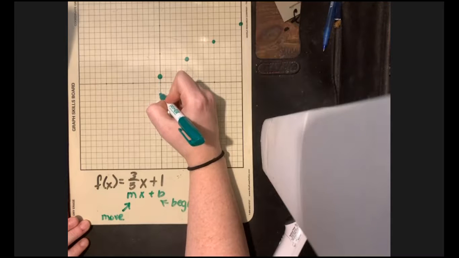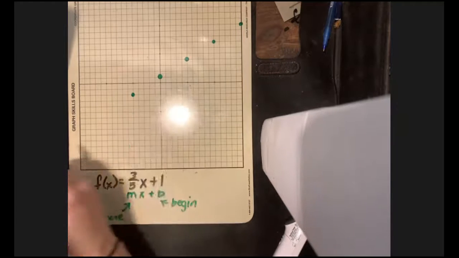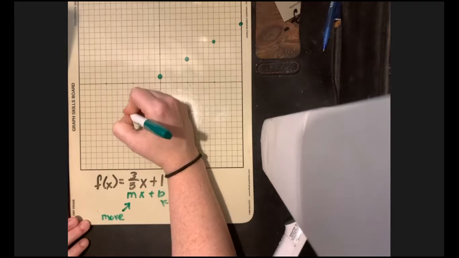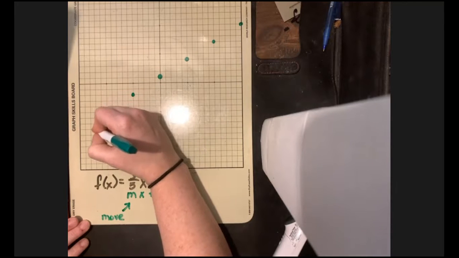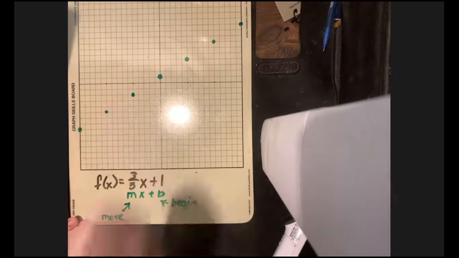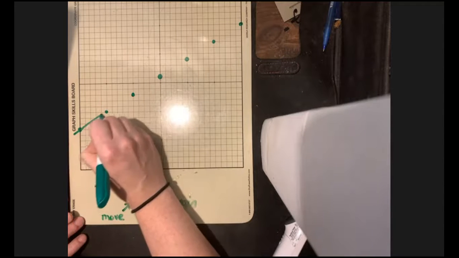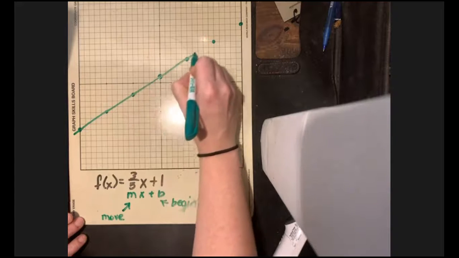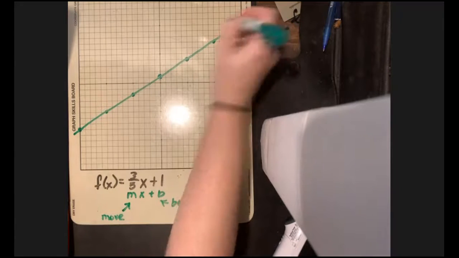Kind of moving down and back. Okay, so now I've got several dots. Again, you really only had to have 2. Okay, so there's my line, and you would have arrows.